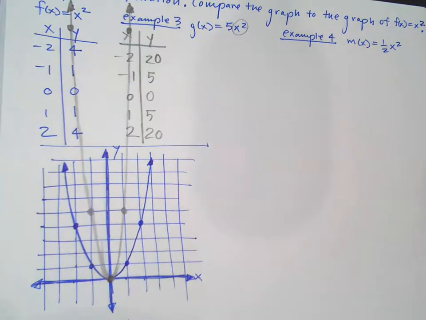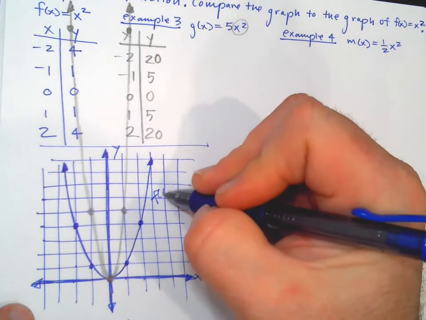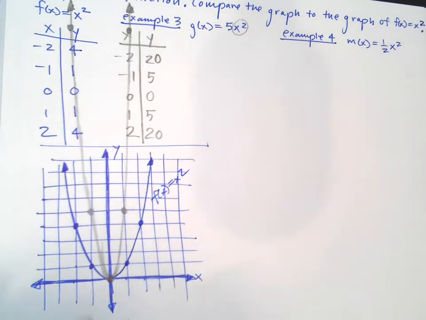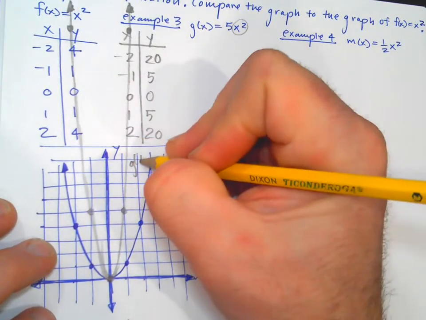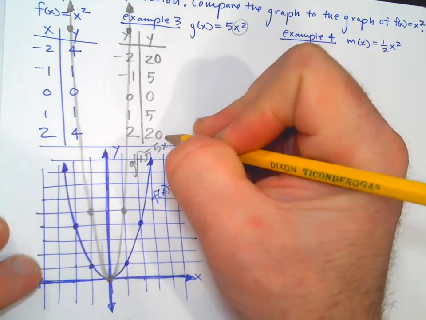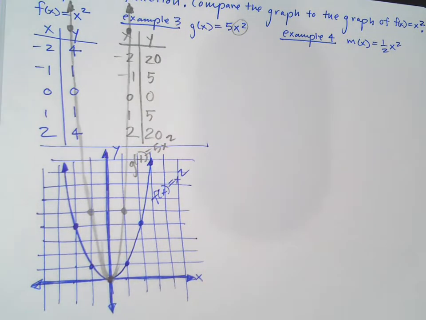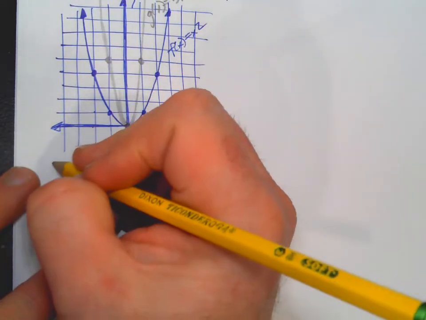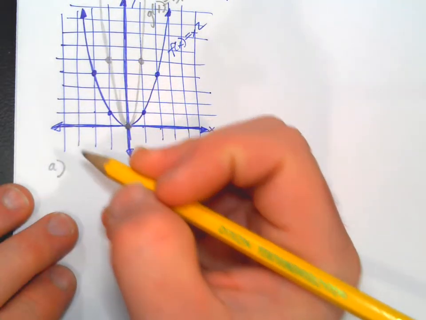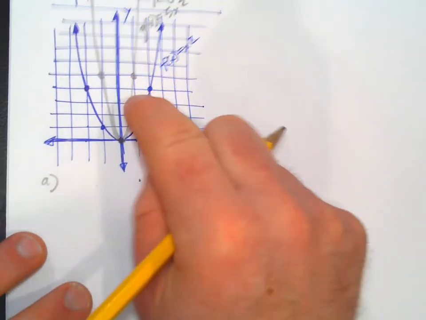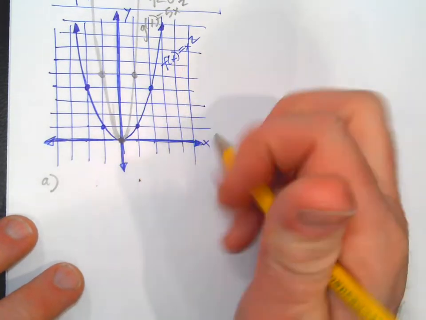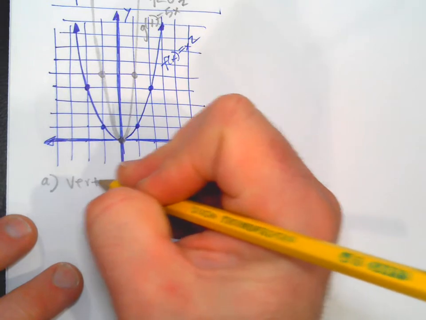So the first one was f(x) equals x squared, and the second one is g(x) equals 5x squared. Now we're going to compare them by talking about their characteristics. A: how does the shape of this graph look compared to that one? We call it a vertical stretch.